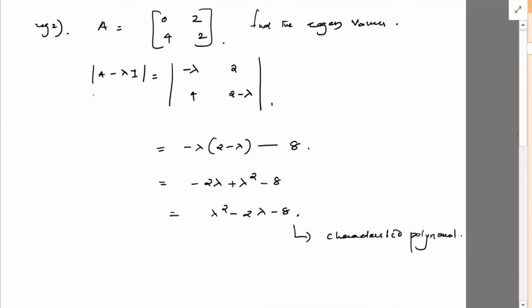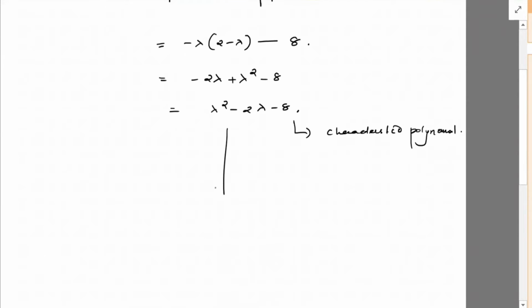Now find out the roots of this polynomial. What are the roots? 4 and minus 2. So this polynomial can be written as lambda minus 4 into lambda plus 2.